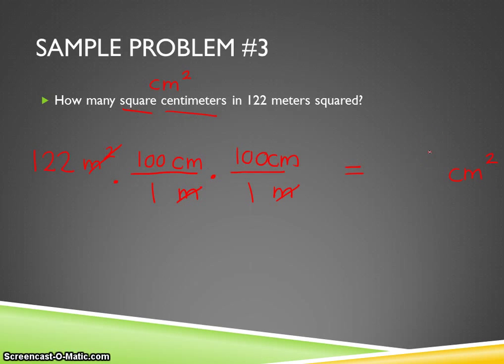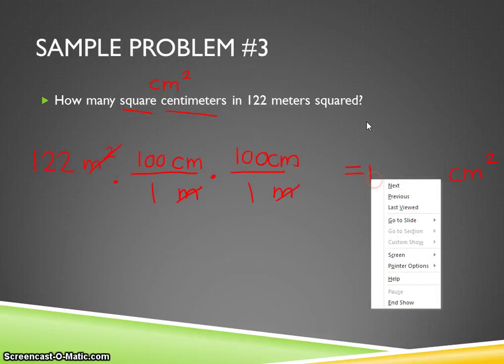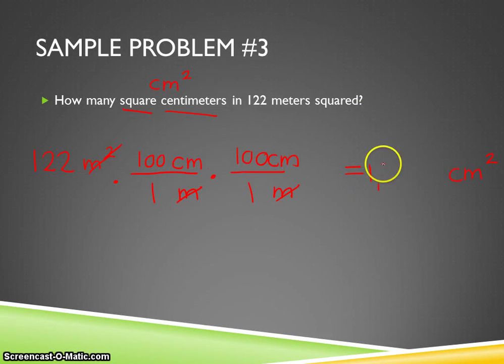So now all I need to do is 122 times 100 times 100. And you get 1,220,000. Let me write it out for you: 1,220,000 centimeters squared.